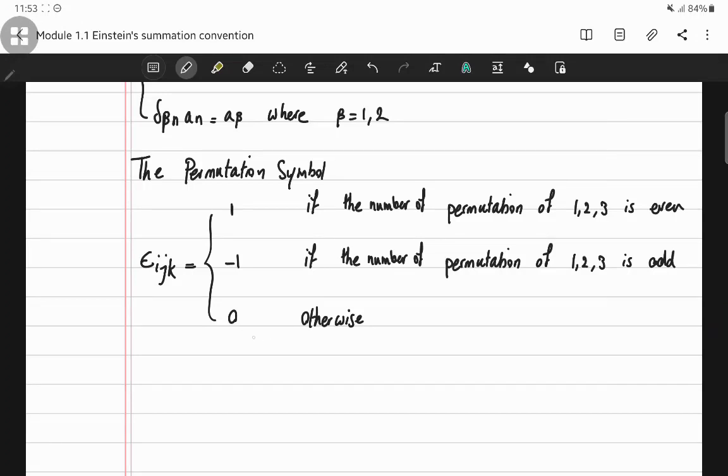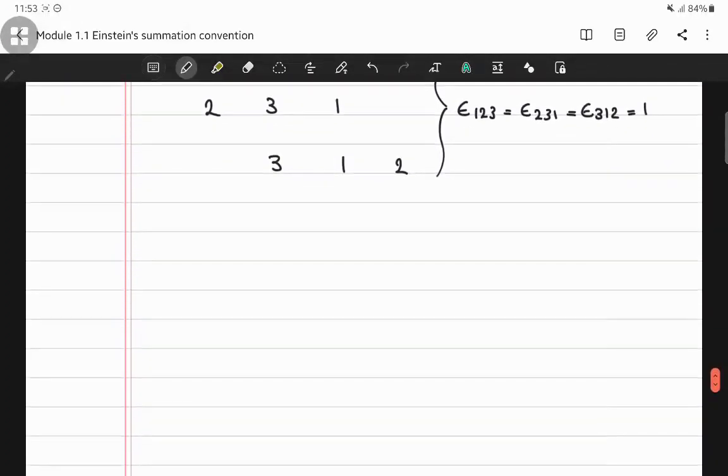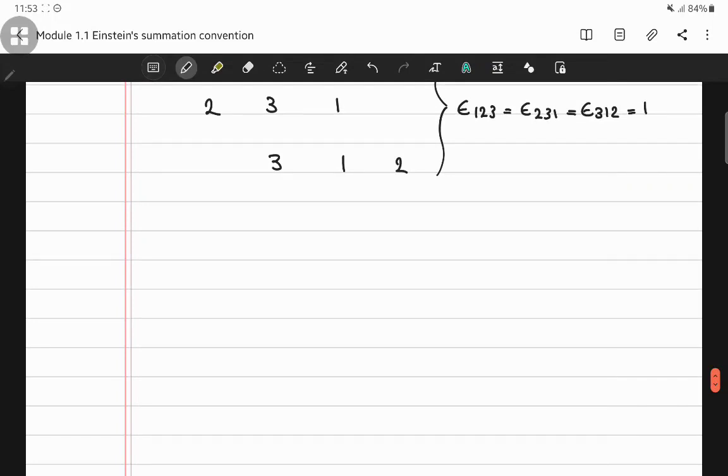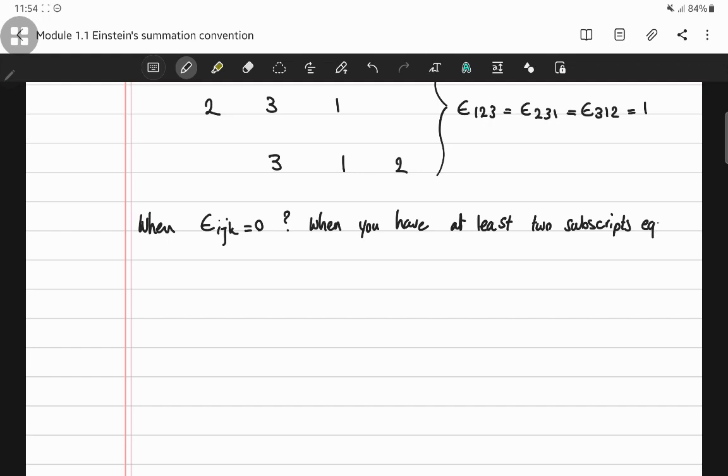But when epsilon ijk is equal to 0, so whenever you have at least two subscripts equal.